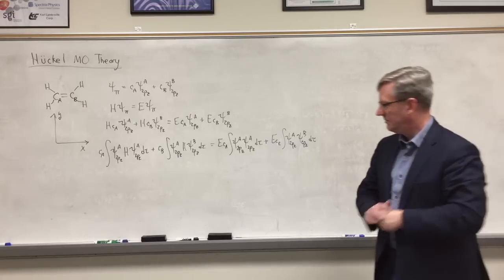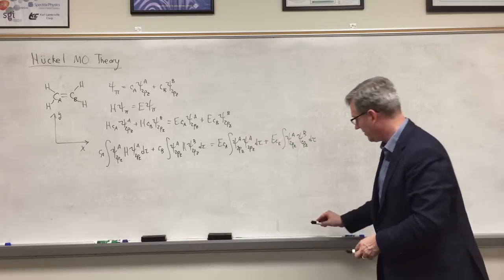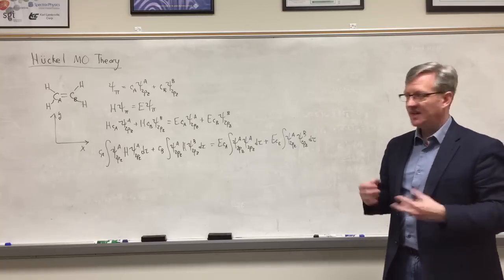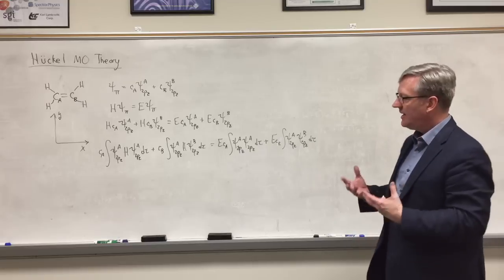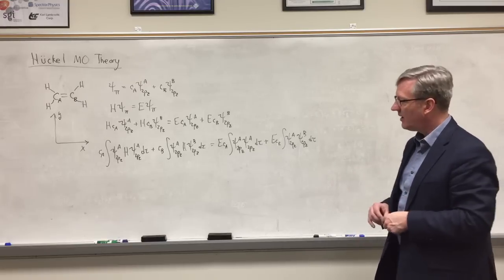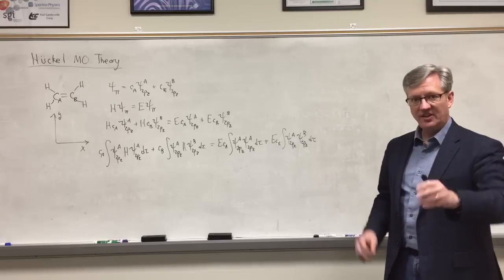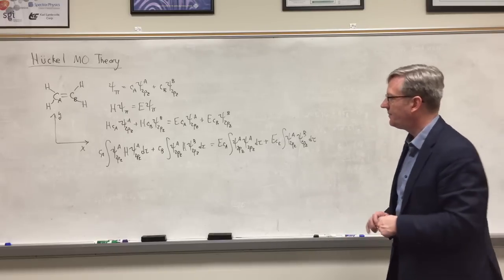Now this looks bad, right? I've got four ugly integrals that I've got to do. But again, I don't really need to do the integrals except symbolically. I don't need to actually work through a lot of detailed calculus because I'm going to make some simplifications. First, notation.